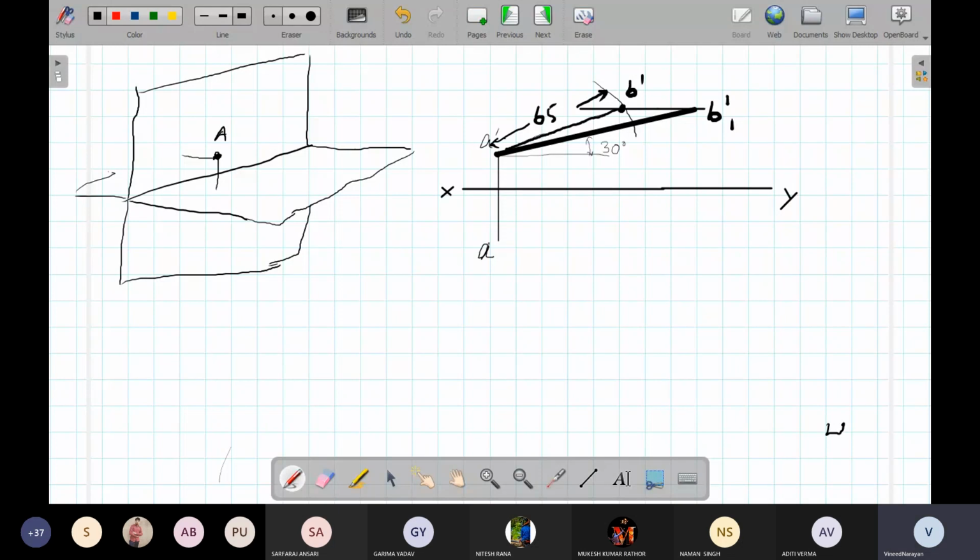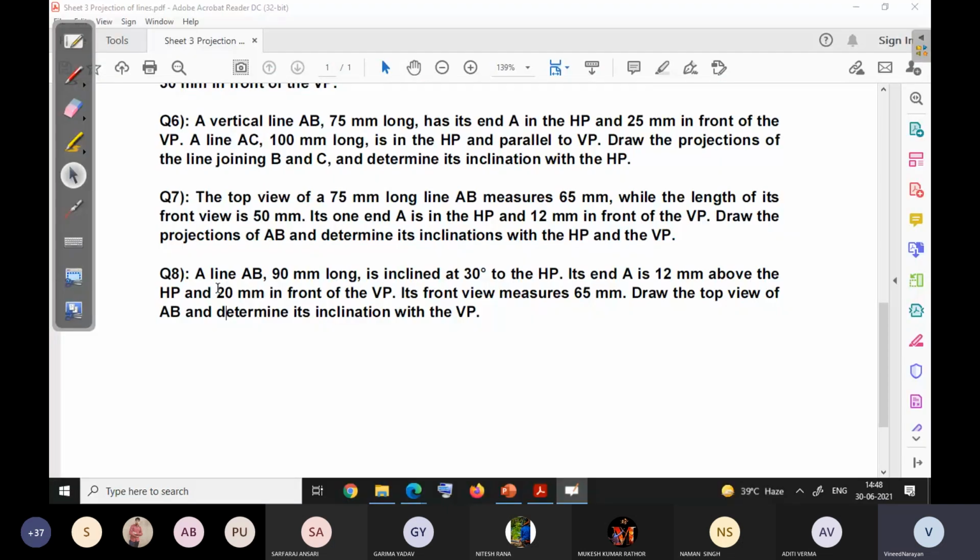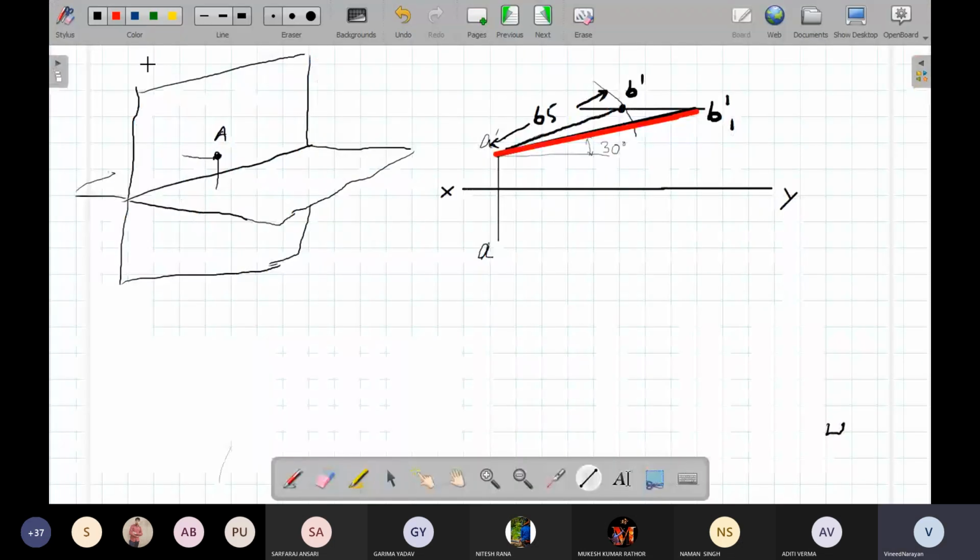Okay, I will use a color difference. So this is my true line. It is 90 mm long, because in the question it is given that a line is 90 mm long, inclined at 30 degrees with the horizontal plane. So this is 30 degrees with the horizontal plane.